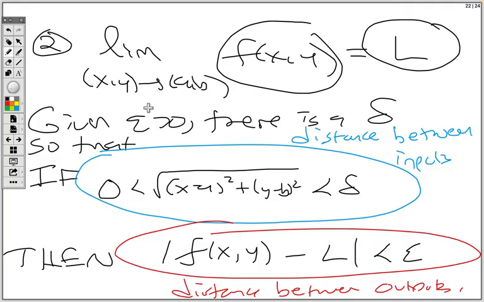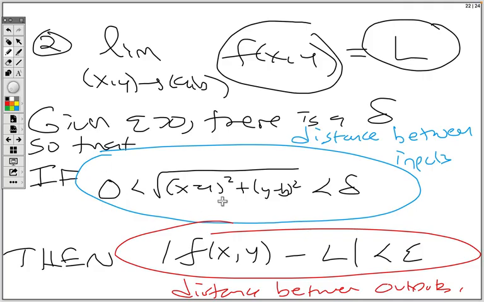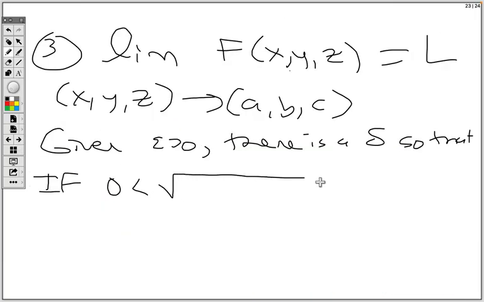What we talked about yesterday used the distance between inputs in the plane. Here, we're looking at the distance between inputs in 3 space. So how does the distance work in 3 space? We have the difference in x's, the difference in y's, and we just tack on the difference in z's.